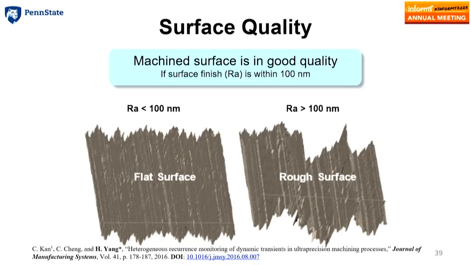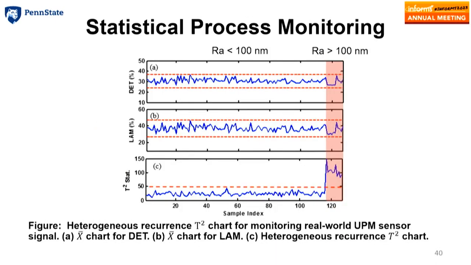When we machine the surface, it is in good quality if the surface finish is within 100 nanometers. As we can see, the left is a very flat surface, and the right is greater than 100 nanometers. So we got a rough surface, and we want to study the difference based on the sensor signals.